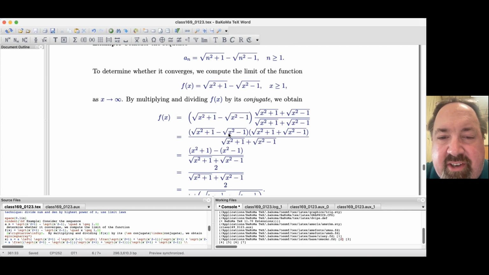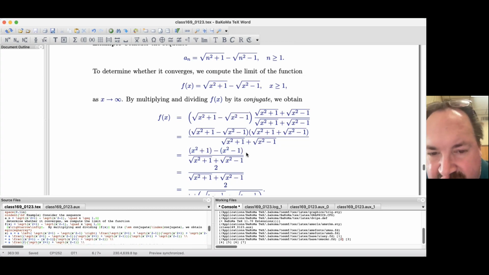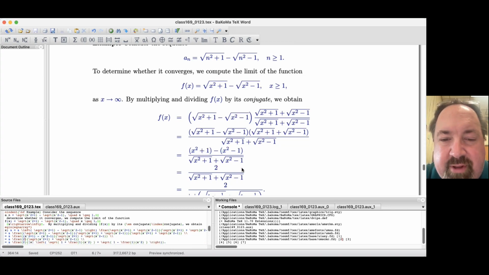And now you can think of this as a minus b times a plus b. But as you know, that is a squared minus b squared, where a and b are the square roots. By squaring them both, the square roots are canceled out. So now we have x squared plus 1 minus x squared minus 1. You can simplify the numerator, and so we just have 2 up top. And now we still have this denominator to deal with.